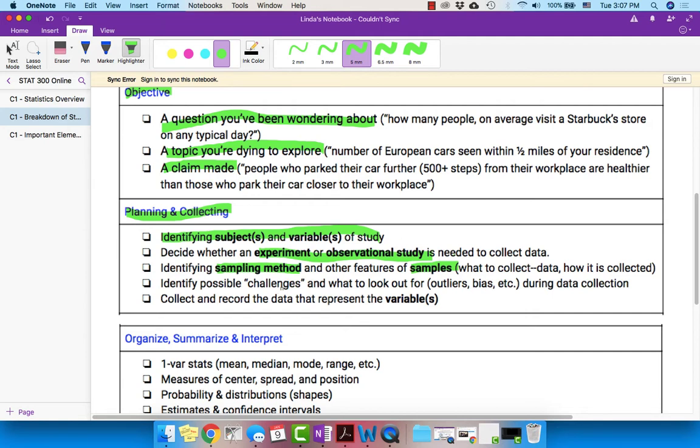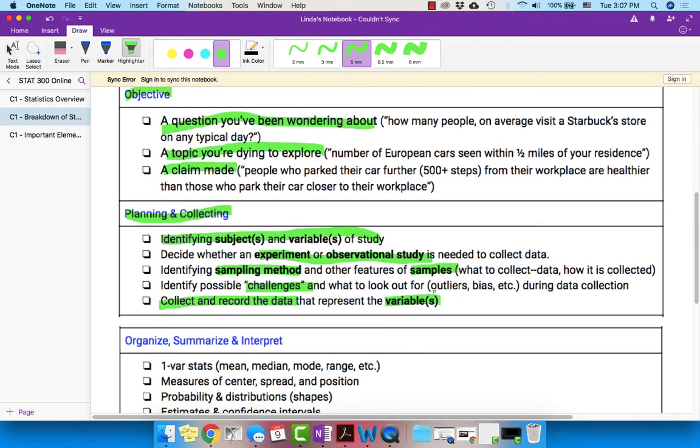You will also need to identify possible challenges and what you look out for, outliers, bias, etc., during the data collection. And then proceed to collect and record data that represent the variables.